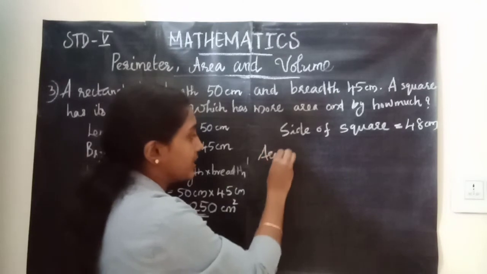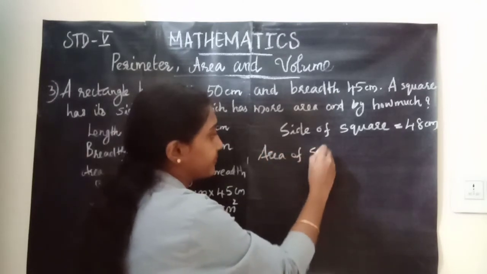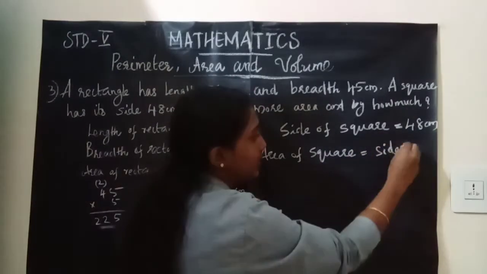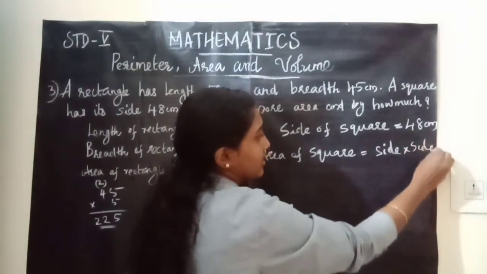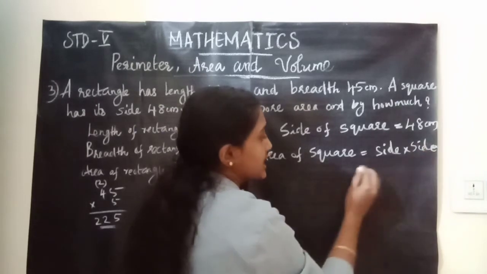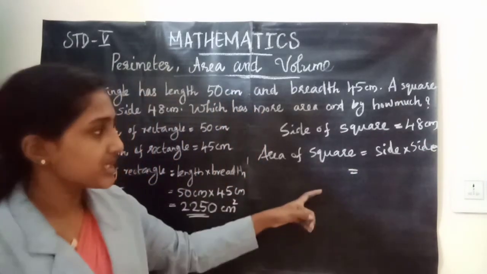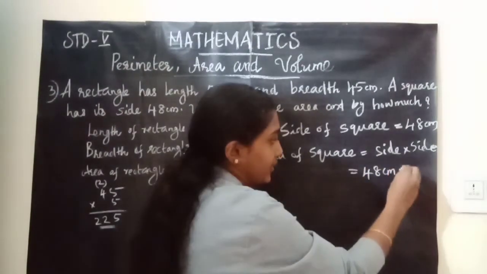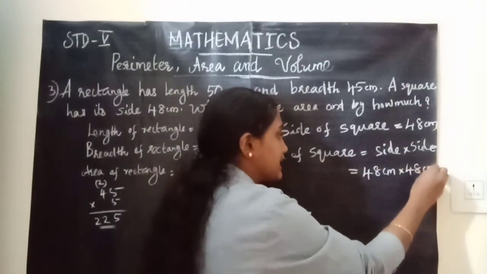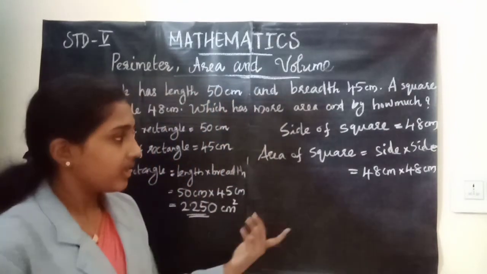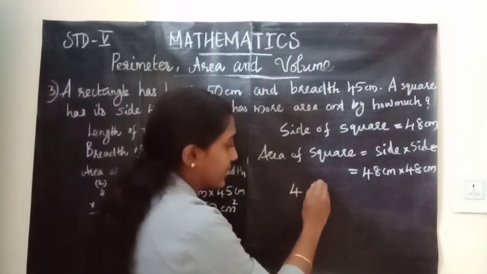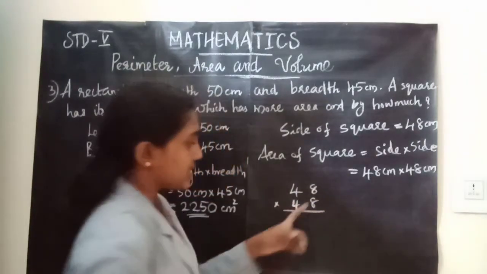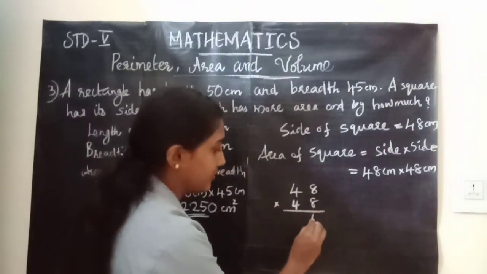So area of the square is equal to side into side. One side is 48 centimeter. So 48 centimeter into 48 centimeter. And doing the multiplication, 48 into 48, 8 into 8, that's 64.